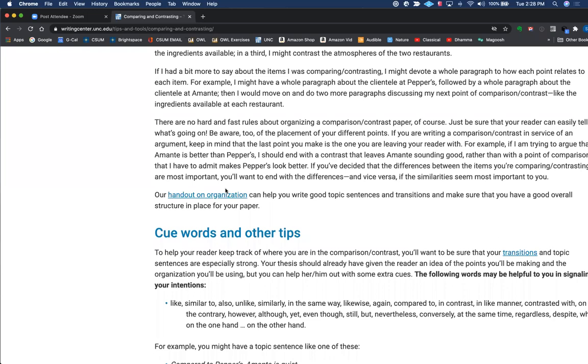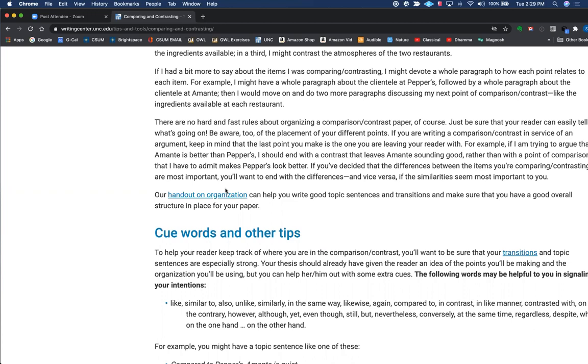Sometimes you're going to cover comparison and contrast for each topic in each paragraph. That's probably the more complex, more nuanced way to do this, rather than just getting all the stuff out that's on this side of the list and then all the stuff that's on that side of the list.